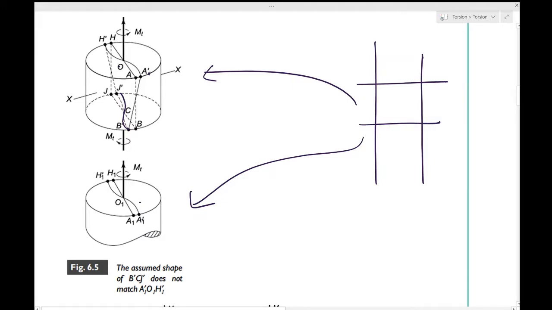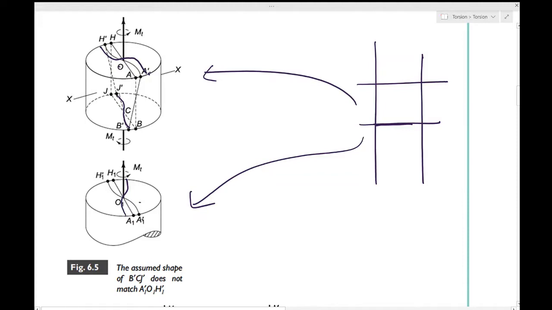This is what should happen, and because of this argument what we were getting is something like this. So this was incorrect. Such deformation would violate geometric compatibility, because when you take the bottom face of this slice like this, you are saying that the top face of the next slice has to go by this because of the geometric compatibility.